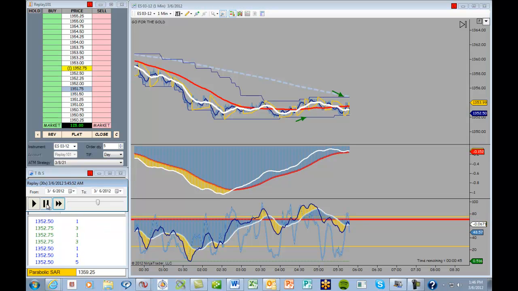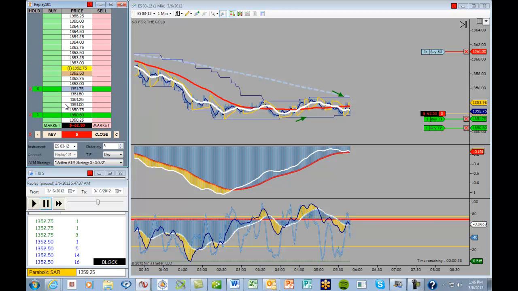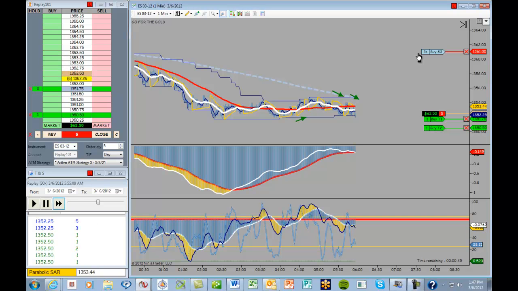You notice the white moving average is staying below the red, and now our blue is heading below the white, so short it again. There we go.